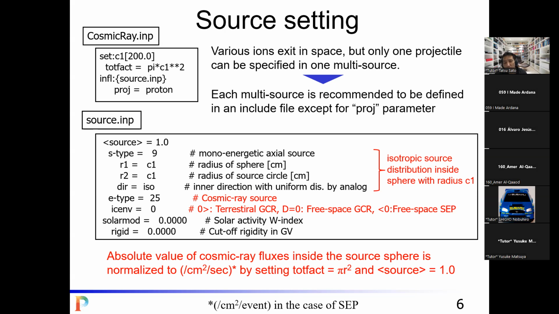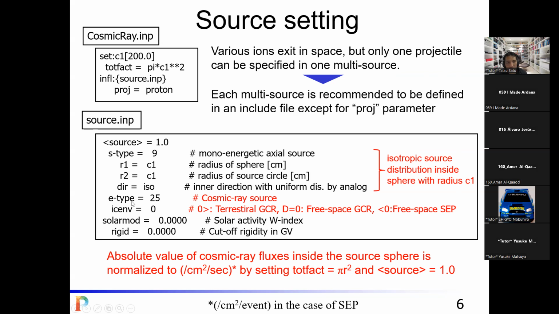So if the flux is small for a certain energy beam, the number of particles generated from the beam is also small. But with E-type 26, an equal number of particles is generated, and the particle weight is controlled to reproduce the cosmic ray spectrum.